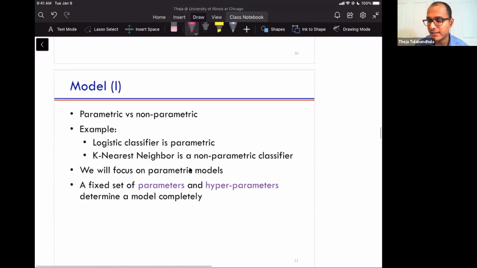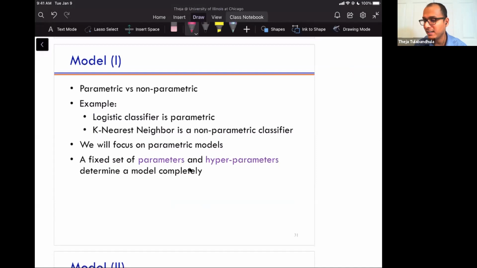So now let's recap what a model is. As you have seen in 572 or 575, there can be different types of models. Some models are called parametric, where there are parameters. Many models have parameters, and there are some models which are non-parametric. Like k-nearest neighbor is non-parametric because there are really no parameters that you extract from data and keep to represent the prediction.